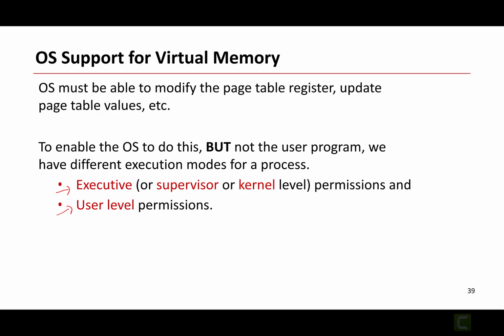Certain pages will be marked as kernel mode only pages, and those kernel mode only pages, meaning belonging to the page tables, can only be accessed and modified when a process is being run in the kernel mode, and the operating system will let a process run in the kernel mode only if that process belongs to itself, like the page fault handler, for example.